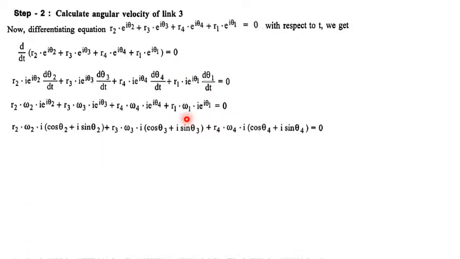Now wherever e to the power of i theta is there, by using Euler's formula, we have to substitute cos theta plus i sin theta. So here we have e to the power of i theta 2, therefore cos theta 2 plus i sin theta 2. Similarly, here cos theta 3 plus i sin theta 3. Here cos theta 4 plus i sin theta 4.